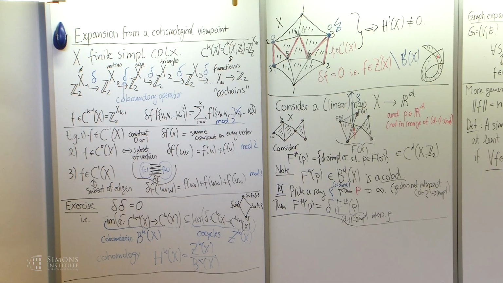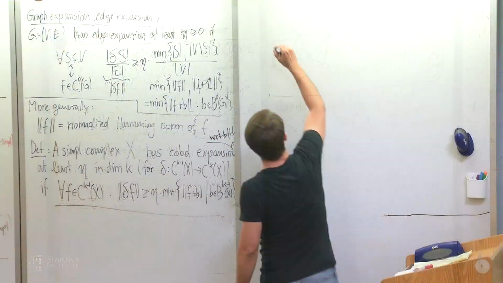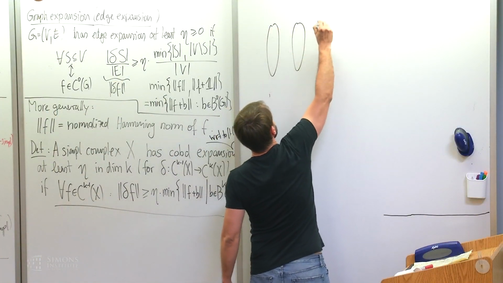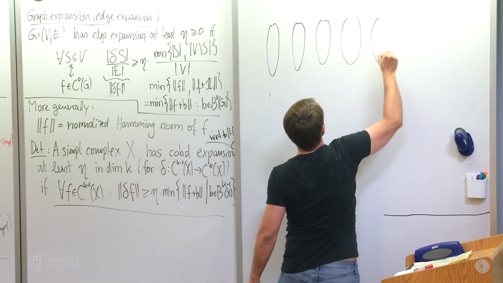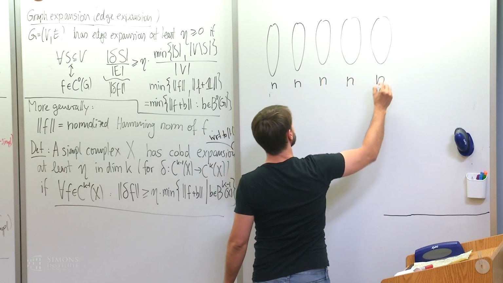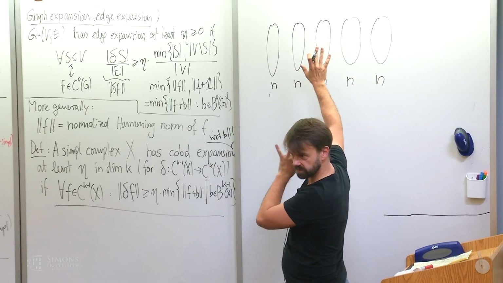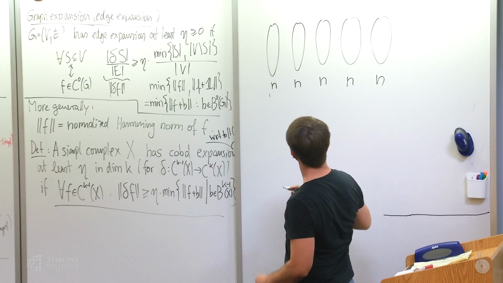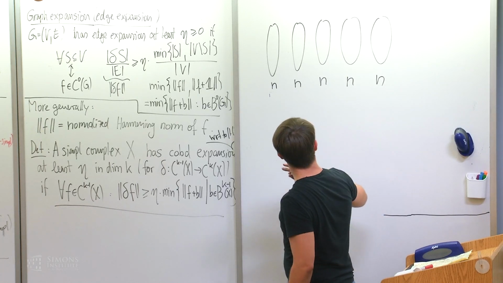So let me maybe just mention a norm that might look stupid. Suppose you have a bunch of n-element subsets. This is not the layered structure of a simplicial complex. I just want to describe a simplicial complex, which is also a matroid complex.